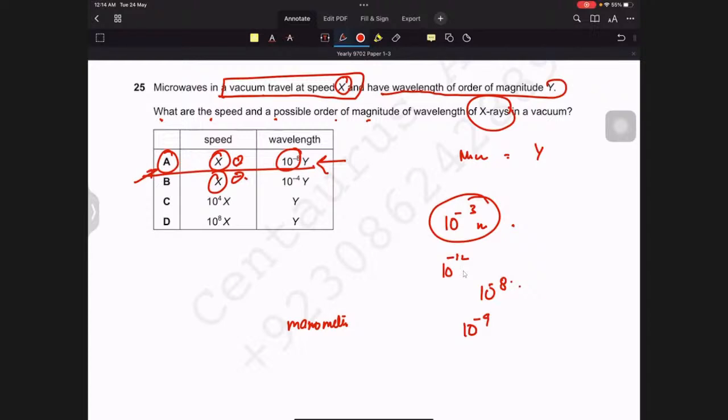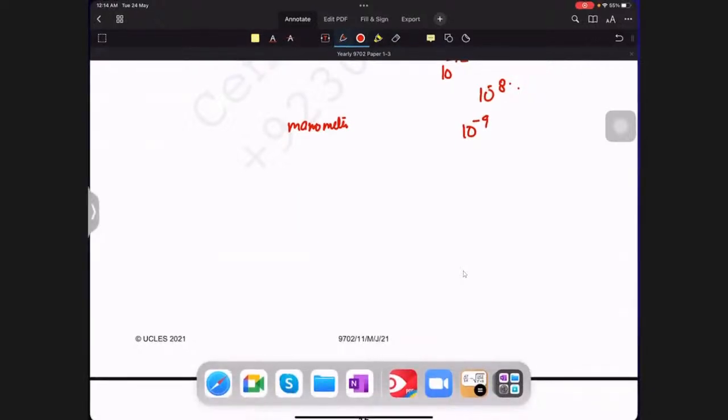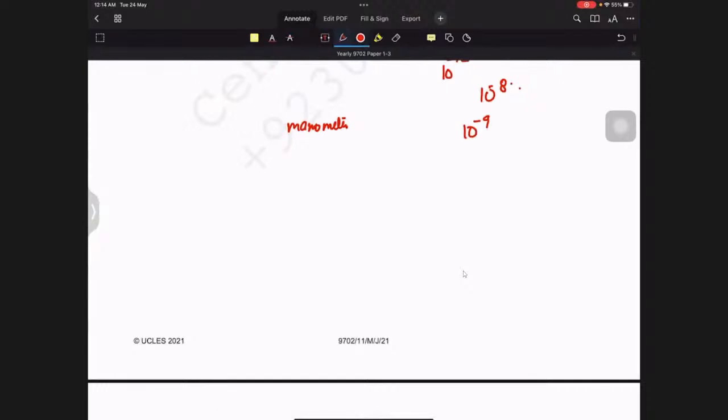Tips for electricity practicals. Yes. So the tip is, let's suppose usually in the practicals, they would give you a diagram like this. Now, what is the most complex diagram I've ever seen?